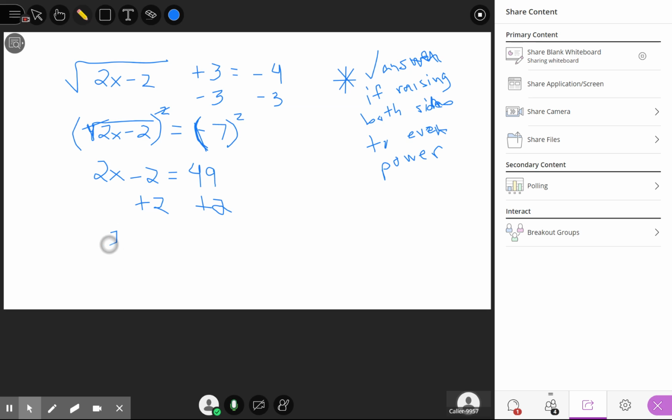So now we have 2x is equal to 51. Divide both sides by 2, and we get x equals 51 halves. Or in other words, 25.5.